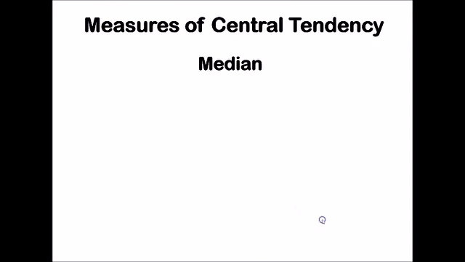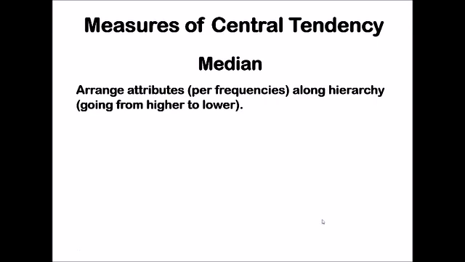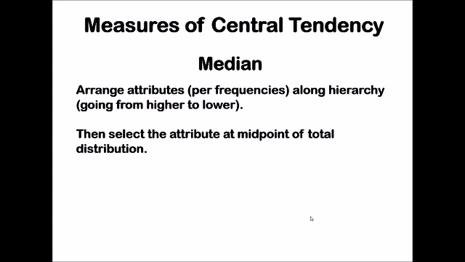The median is found by arranging the attributes hierarchically. I like to do it from highest to lowest, or you could go from left to right. But you arrange the attributes by frequency hierarchically, and then select the attribute at the midpoint of the total distribution.